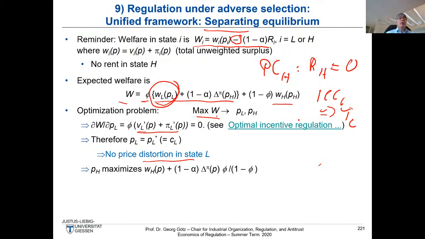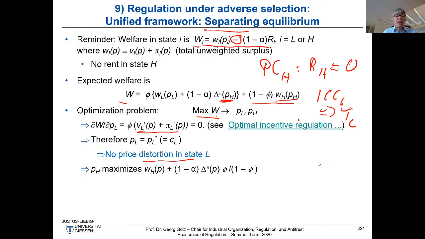And now PH, and here I put it slightly differently. Actually, Armstrong suggested this, Armstrong and Sappington. What you see here in our welfare function is that PH enters in 1 minus phi, and it enters as well in the L state.